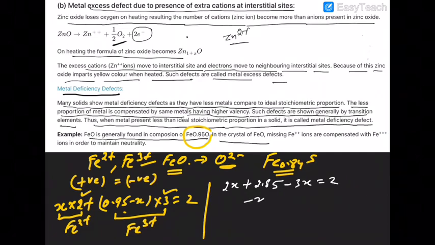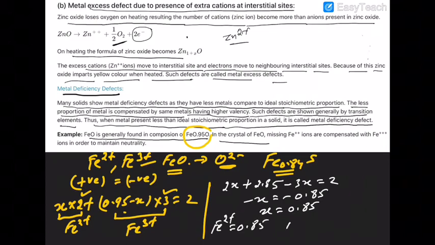So minus X becomes minus 0.85. So X is 0.85. So Fe2+ is 0.85 and Fe3+ is 0.10.